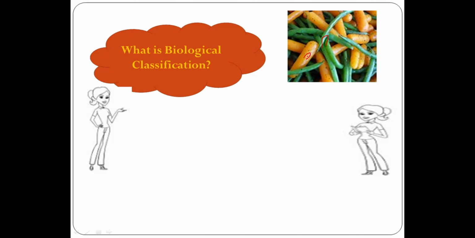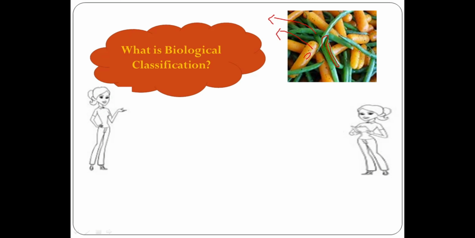Means you look for the color of the carrot and the shape of it, and you keep it aside on one side. Okay, and you do the same for the beans. You look at the green color of the beans and the shape of the beans, and you place it on another side.